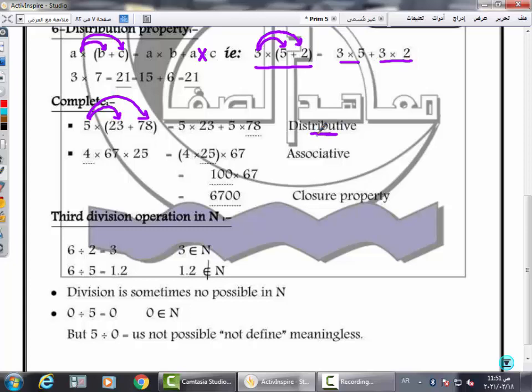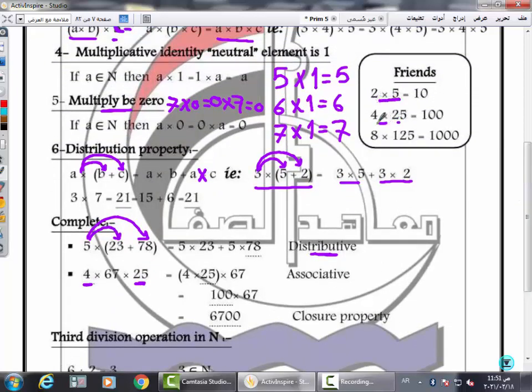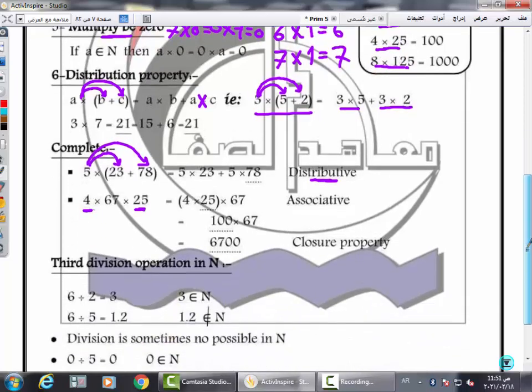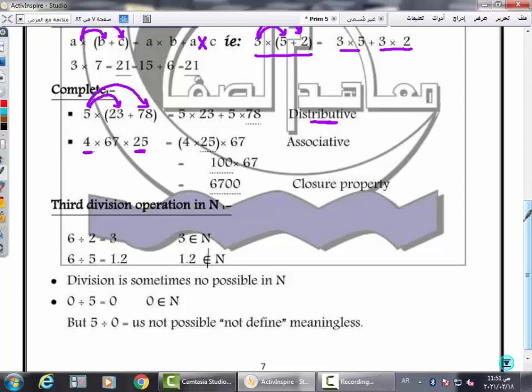4 times 67 times 25. We have 3 numbers and we want to multiply them. We look at the numbers and take the friends. Where are the friends here? 4 and 25, friends numbers. 2 times 5 is equal to 10. 4 times 25 equals 100. 8 times 125 equals 1000. We will change the 67 and 25 to get 4 beside 25.